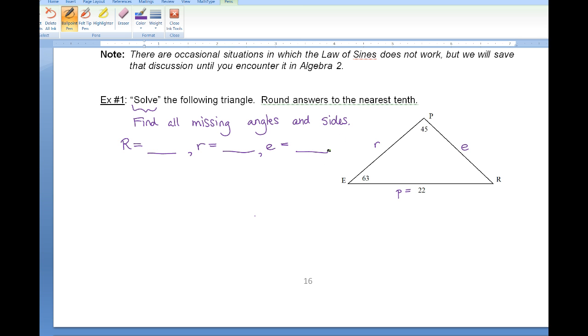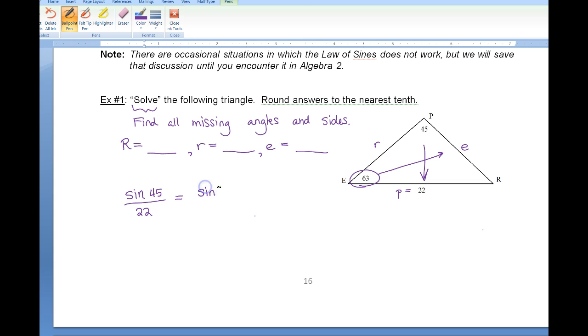Now the key here is what I need to have. I need to have a side and an angle that are directly opposite in order for this to work. So in this case I have angle P. So I'm going to have sine of angle P, which is 45 degrees, over its opposite side, which is 22. Now, I need to have another angle measure, so I'm going to look at E and its side opposite.